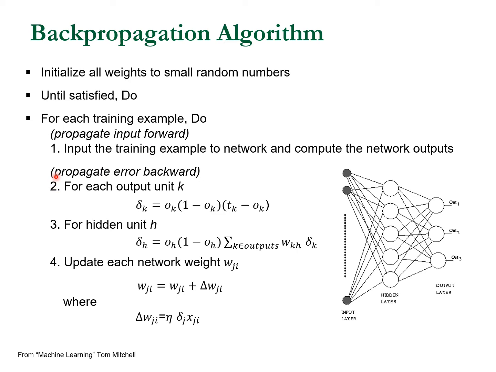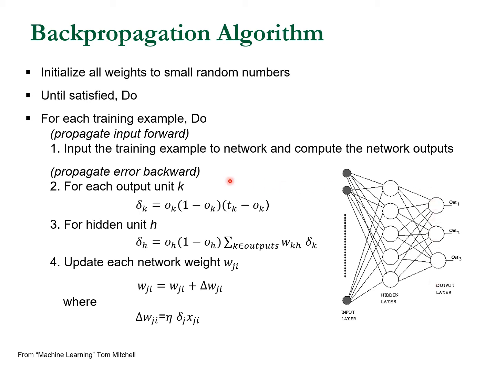The second phase is called the backward phase. As a result of the forward phase, the network now has outputs. By using these outputs, you can compute the error of the network.